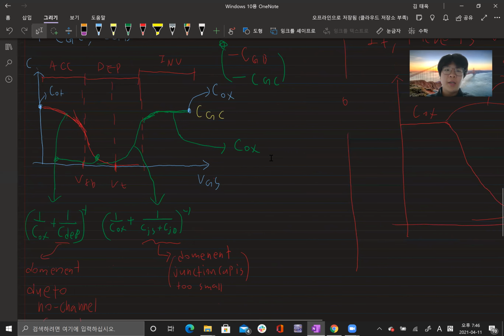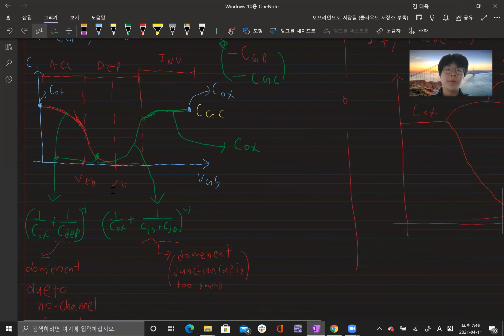So a depletion capacitance would affect the accumulation region. And then on the depletion side, through the flat band voltage would be the same effect as in the accumulation region.